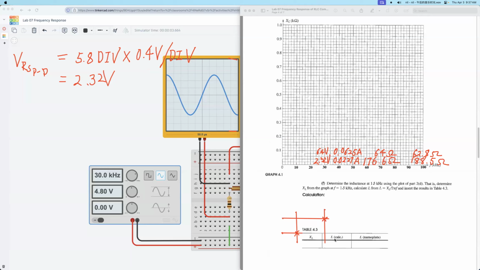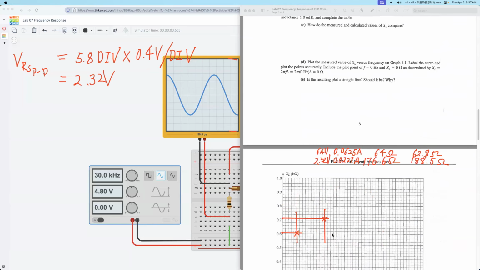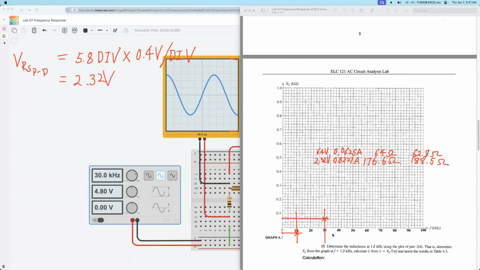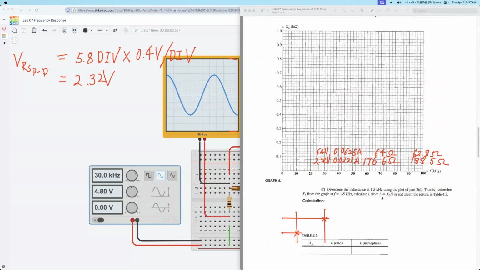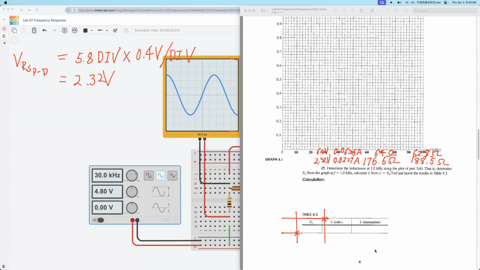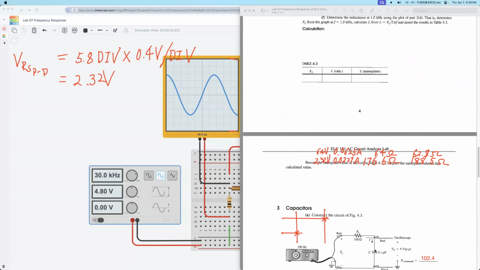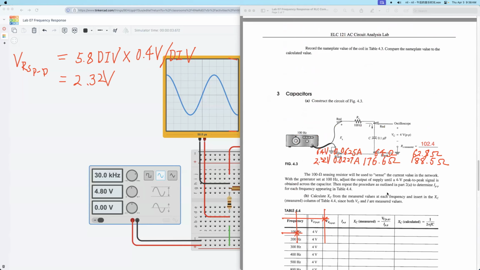Then for the calculated value of L, XL equals 2 pi FL. So L equals XL over 2 pi F. So you can get a value here. The nameplate value is the nominal value. So just use 1 millihenry. So it's this one. Then this is for comparison.